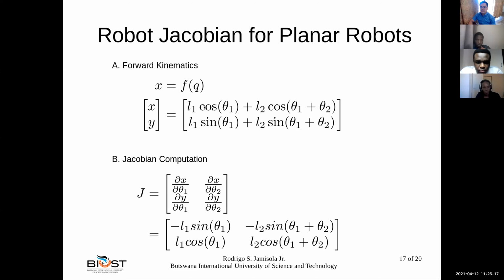We use the planar robot because we can easily compute the equations analytically. That's why I choose to compute forward and inverse kinematics first using the planar robot.